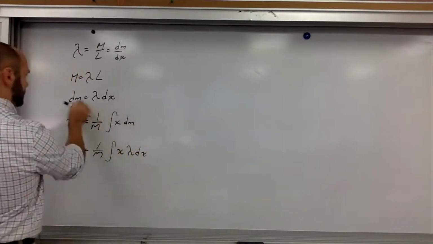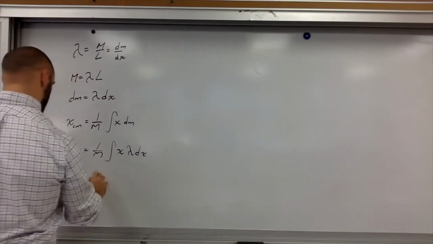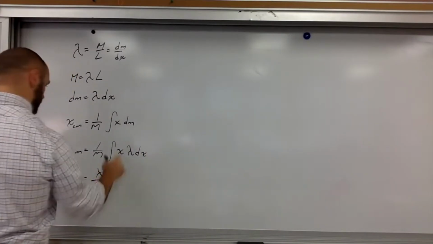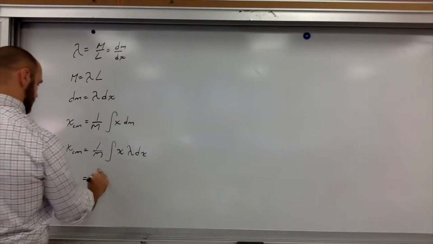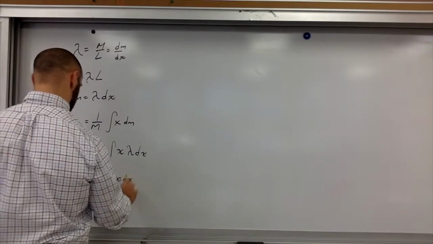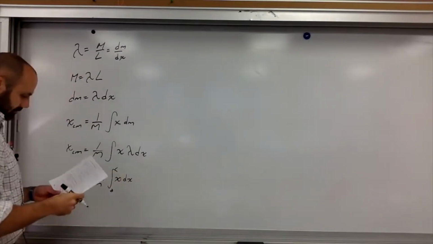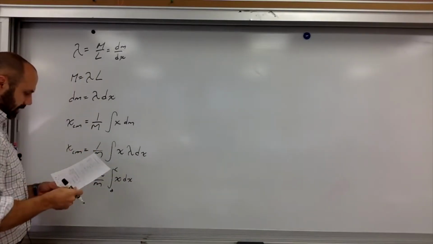So this becomes lambda over M, where lambda is some constant number, times the integral of x dx, going from 0 to L, whatever that length is.